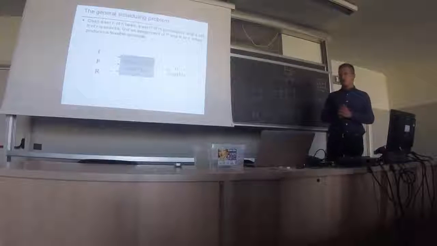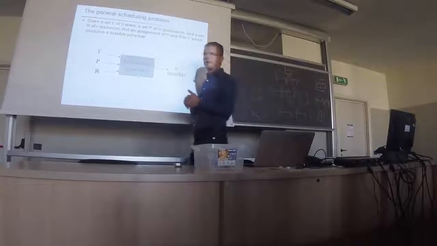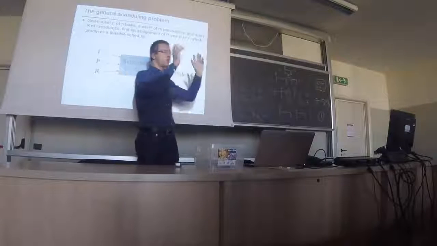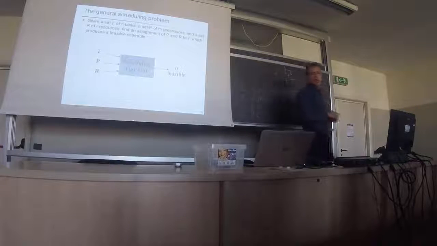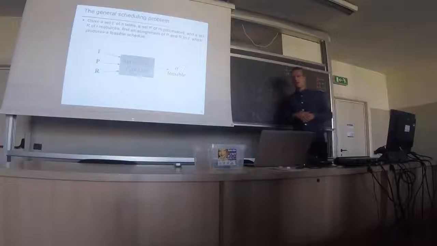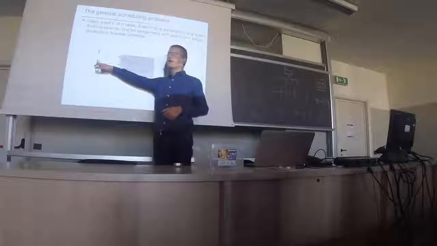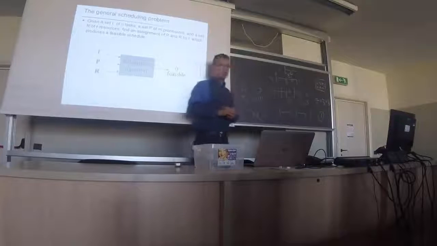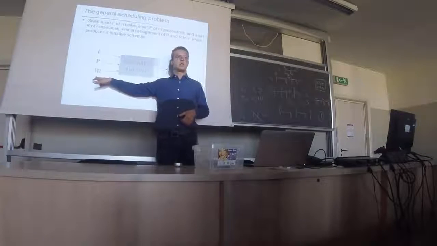So the general scheduling problem: given a set of n tasks, maybe aperiodic or recurring, gamma is our set of tasks, and a set of m processors, one or more processors, and a set of r shared resources.